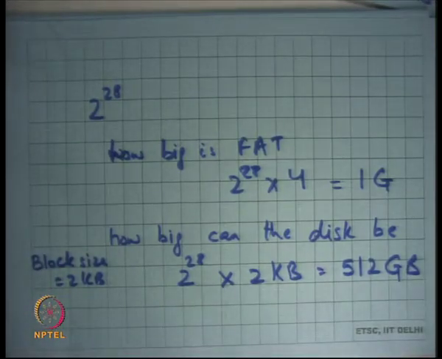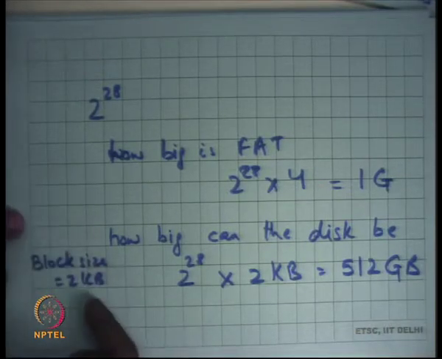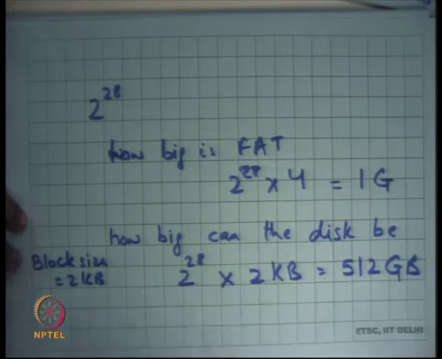So you can support a maximum disk size of 512 gigabytes with the FAT32 file system with a block size of 2 kilobytes. If you want a larger disk, one straightforward thing to do is increase the block size. You could take it up to 32 kilobytes, and that way you multiply this number by 16. Once again, the block size is decided at format time and remains constant for the life of that disk partition.